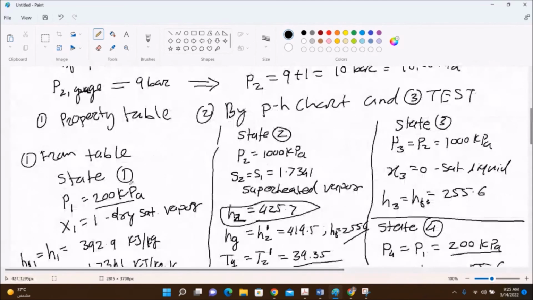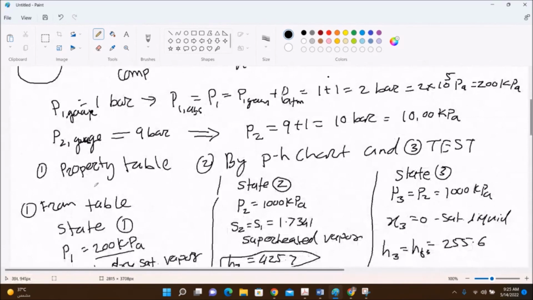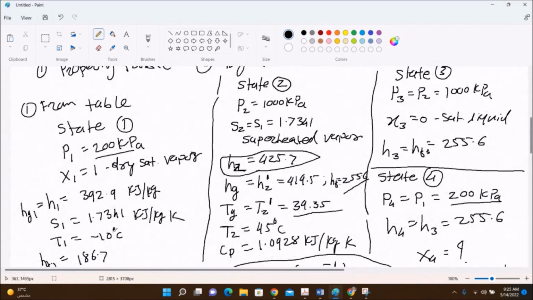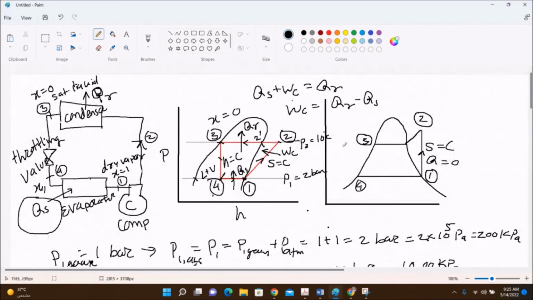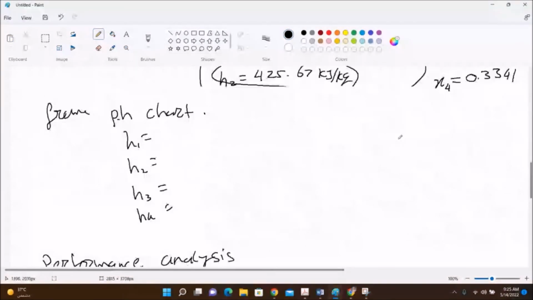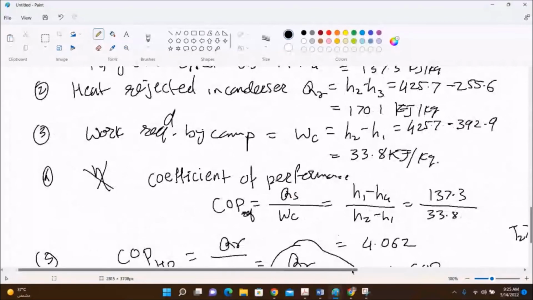From the chart I wrote T1 is minus 10 degrees centigrade, and T2 saturated is 39.35. So this is 39.35 and this is minus 10. Now T1 is equal to T4 and this is T2 dash.